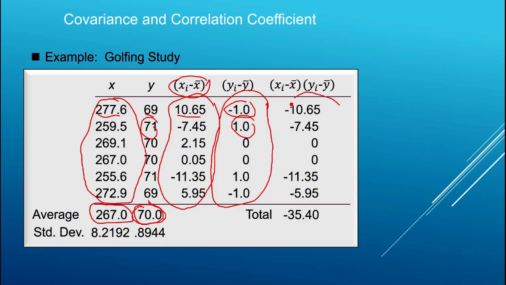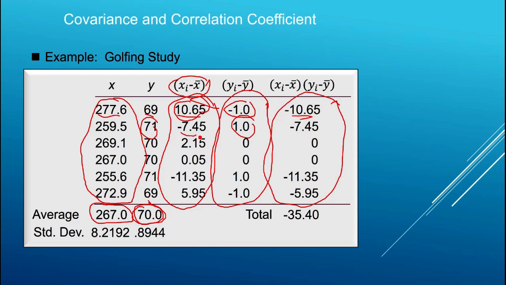This last column of data takes the 2 columns immediately to its left and finds the product of them. In other words, 10.65 multiplied by -1 is equal to minus 10.65.